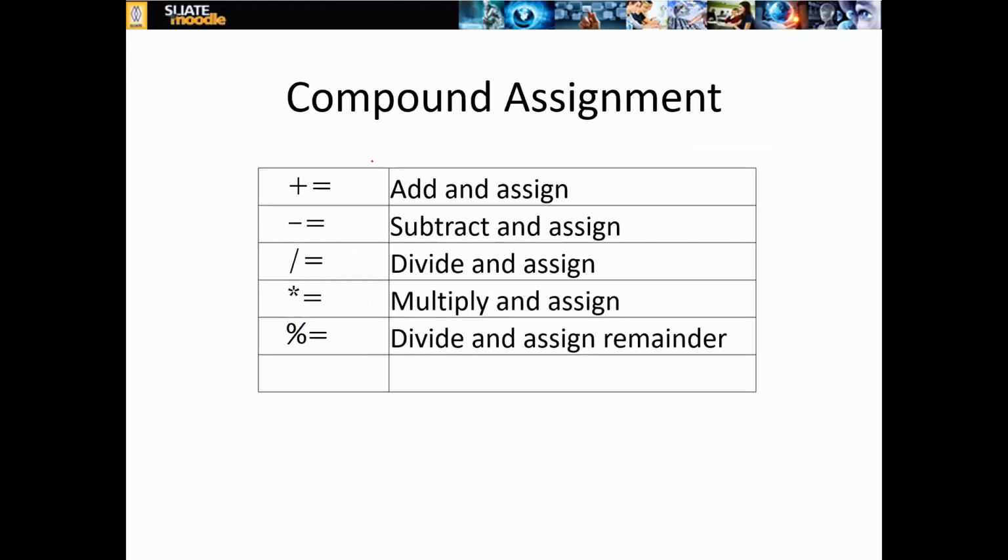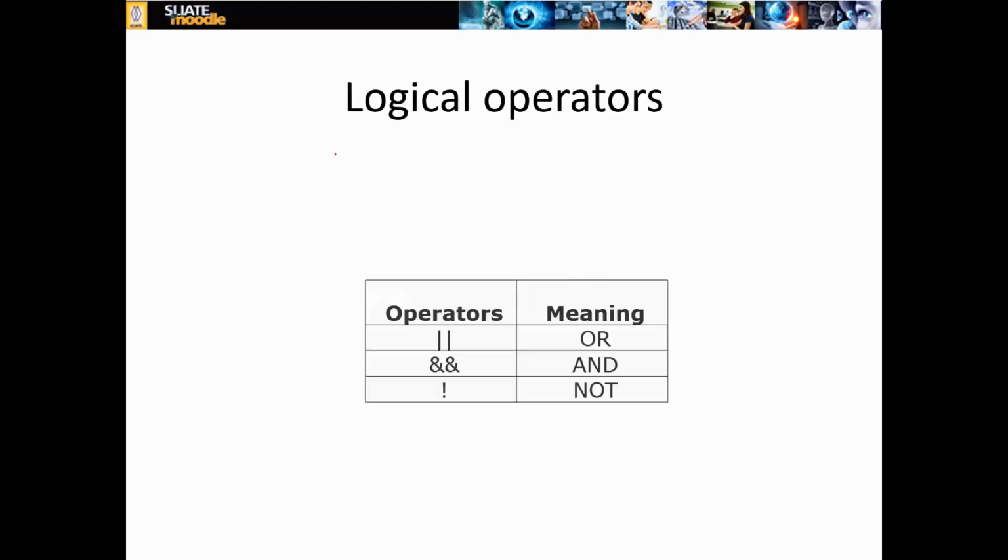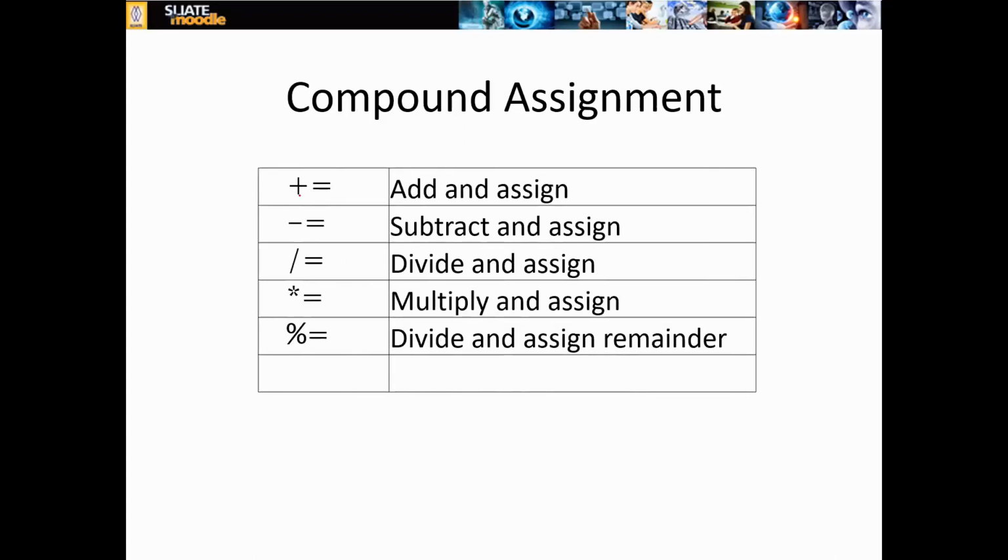So be careful. And the other one, compound assignment. Compound means we are going to consider two things together. Okay. And here we have plus and equal, minus equal, and divide and assign, multiply and assign, and modulus and assign, right?